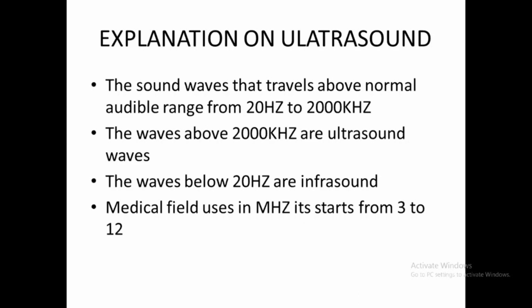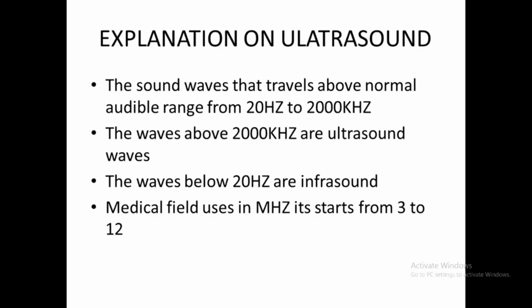Ultrasound refers to sound waves that travel above the normal audible range, which is from 20 hertz to 2000 kilohertz. Waves above 2000 kilohertz are called ultrasound waves, and waves below 20 hertz are called infrasound. But generally in the medical field we use megahertz, and it starts from 3 to 12 megahertz.